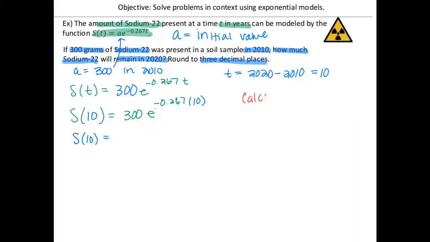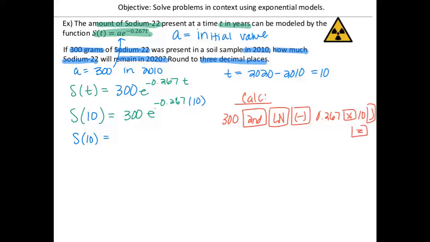Okay, again, on your calculator, you're going to plug in 300, then second ln, and then click on the negative symbol, 0.267, and then you're going to go times 10, close the parenthesis, and press equals. 20?